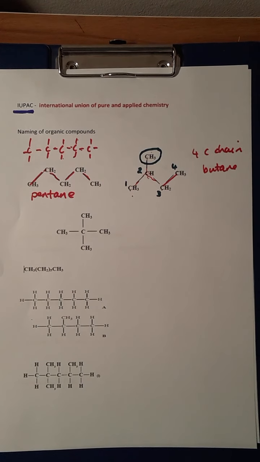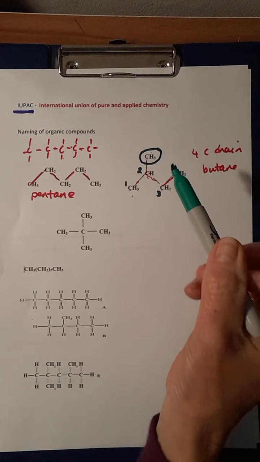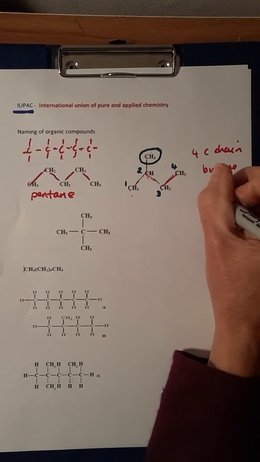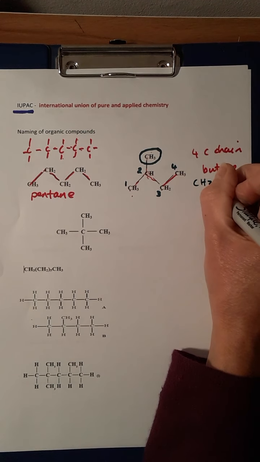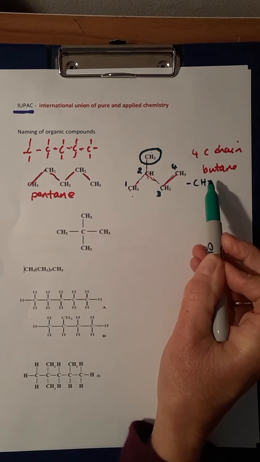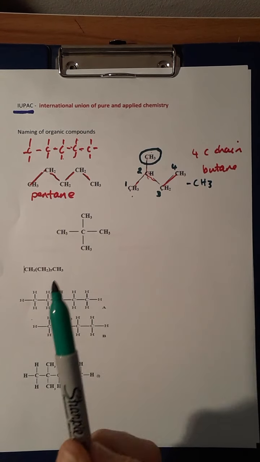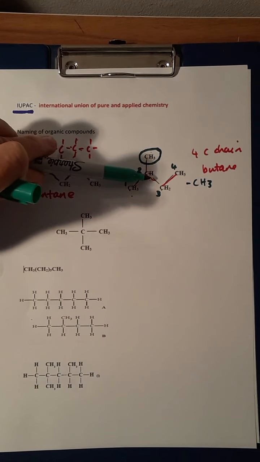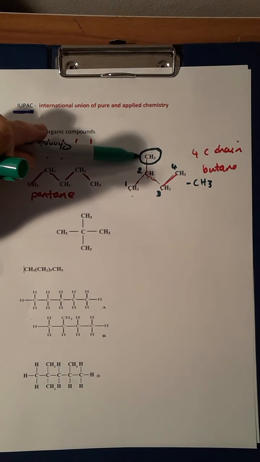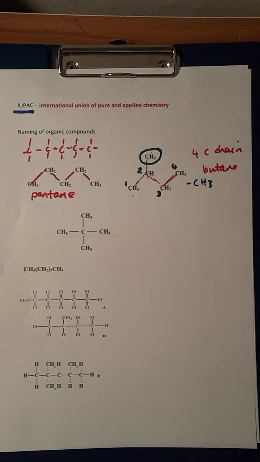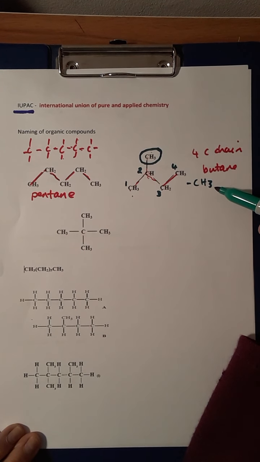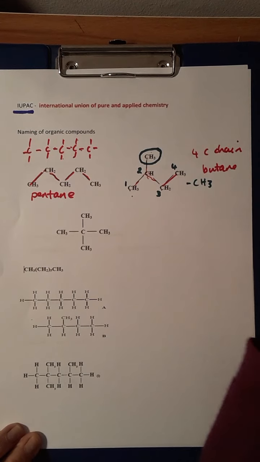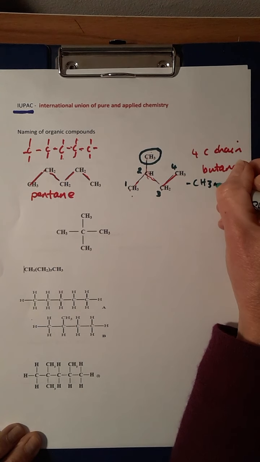If you remember from the very first video that we did, a CH3 is known as a substituent group. So something that's added to the chain is a substituent group. This is my chain, and this is an extra bit that's added. That's a substituent group, and it's a CH3 substituent group. It comes obviously from methane, CH4. So this means this is a methyl group.